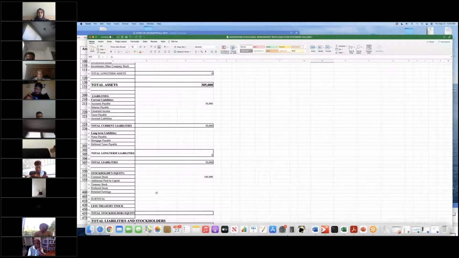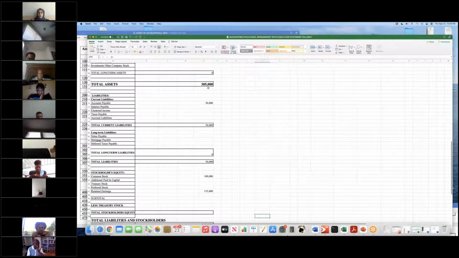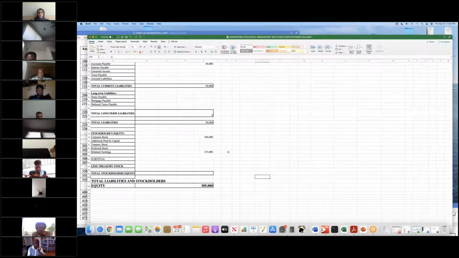So I'm gonna go in here and put the 155 in. So magically now, total assets equals total liabilities plus total stockholders' equity. And the stockholders' equity would be 100 plus 155, or 255.